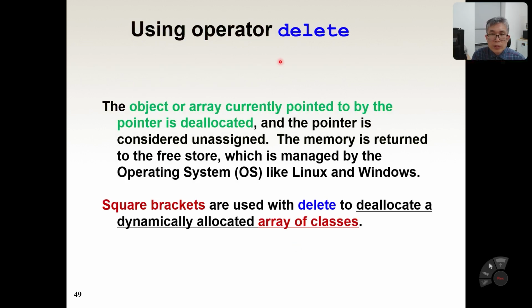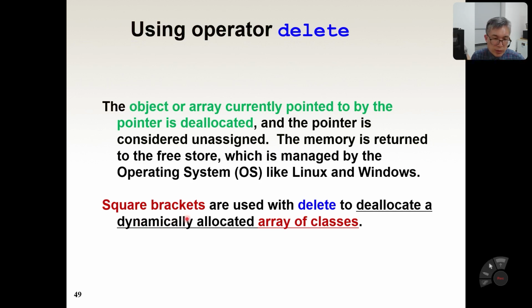Using the delete operator, we delete the class object created by new. The object or array currently pointed to by the pointer is deallocated, and the pointer is considered unassigned. The memory is returned to the free store, which is managed by the operating system, like Linux and Windows 11.